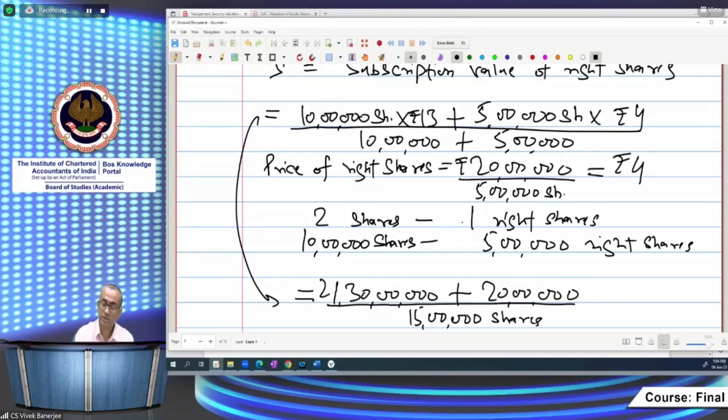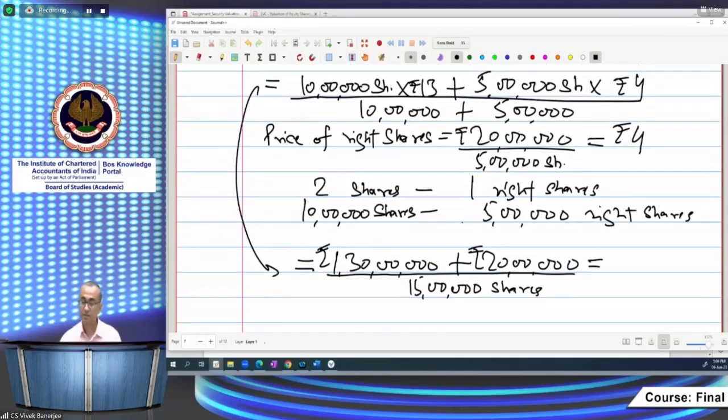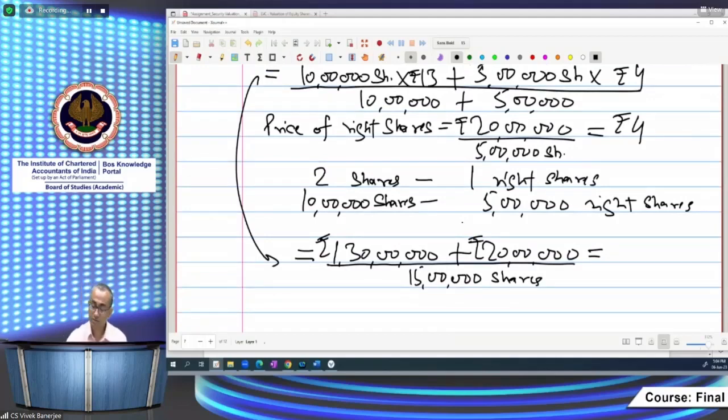So it is rupees 1 crore 30 lakh plus rupees 20 lakh, upon 15 lakh shares. That is 1 crore 50 lakh divided by 15 lakh shares. It is coming to 10. So the ex-right price is rupees 10.